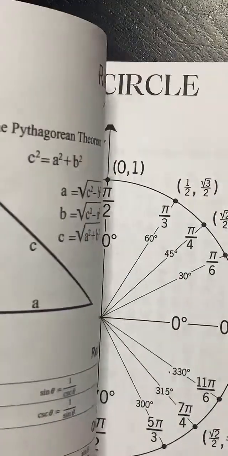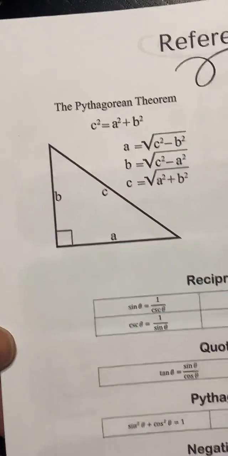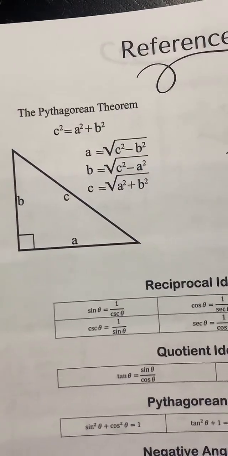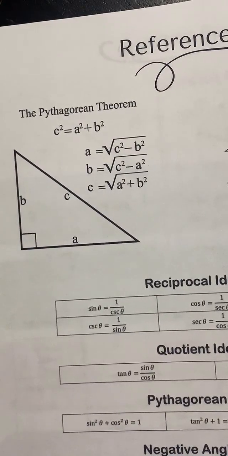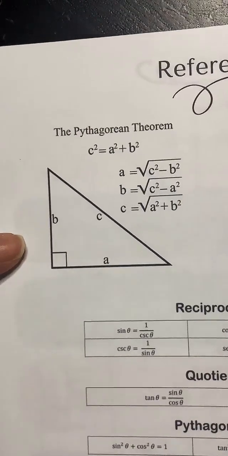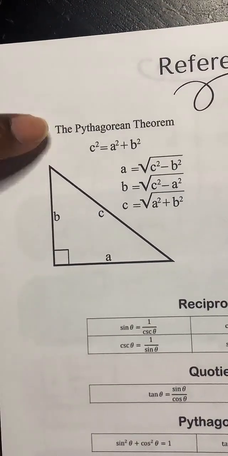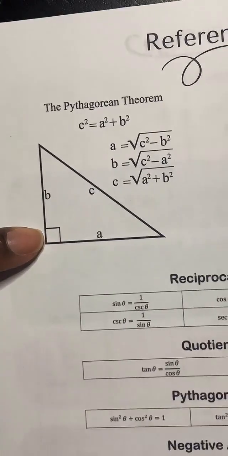Good job, Daniel. Good job, B. Yes, Ian, good. All right, so we're going to have that Pythagorean theorem. Michael, where have you been? Missed you yesterday.